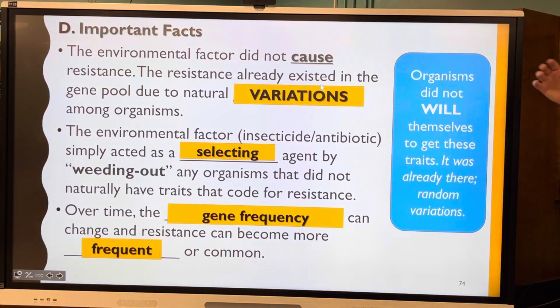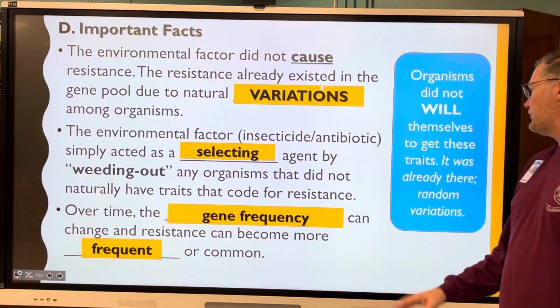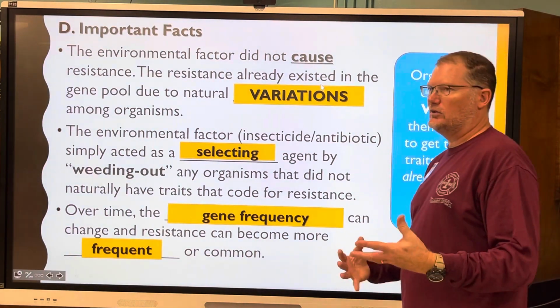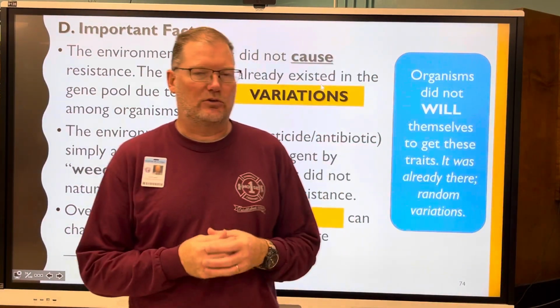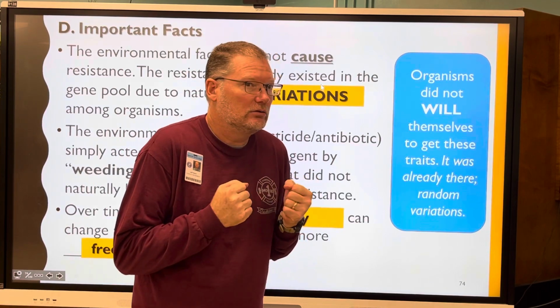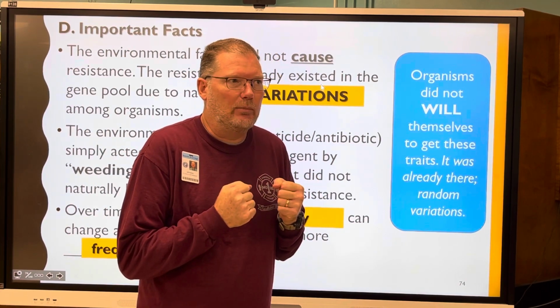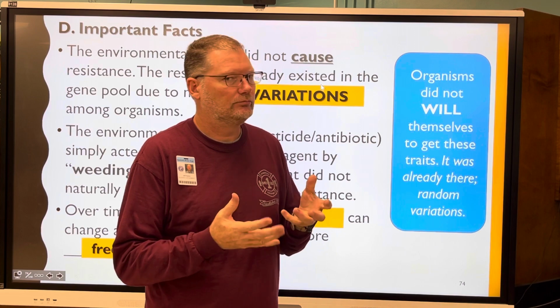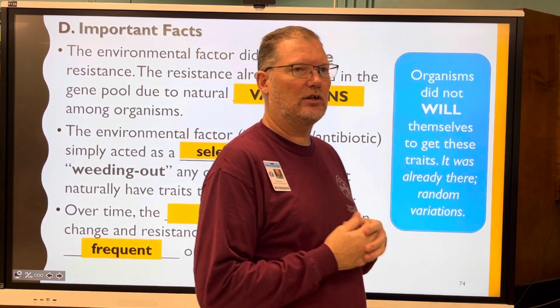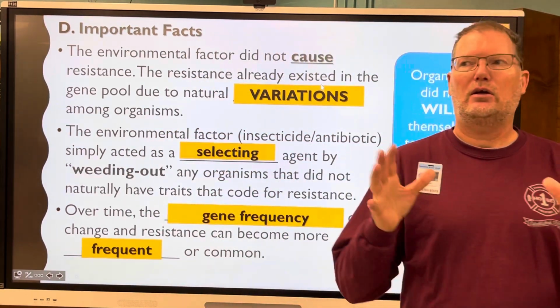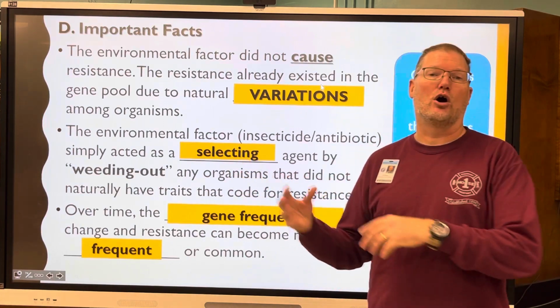Organisms did not will themselves into getting these traits. It's like COVID. I'm just going to think really, really hard, and I'll be resistant to it. Nope, it's just some of the population who are resistant and some who aren't, and maybe most who aren't.